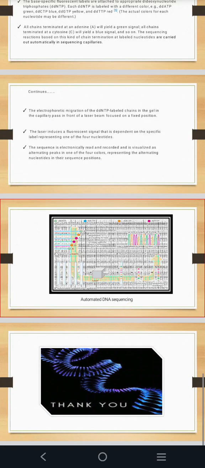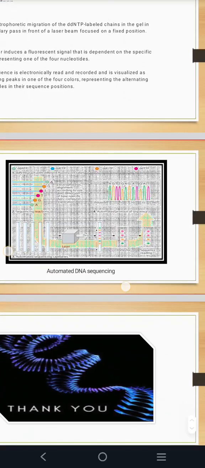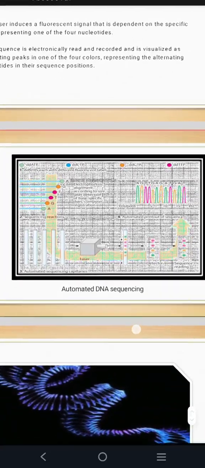Then the laser induces a fluorescent signal that depends on the specific label representing one of the four nucleotides. Then the sequence is electronically read, recorded and visualized as alternating peaks of the four colors representing the nucleotides in their sequence positions. This is how automated DNA sequencing works.